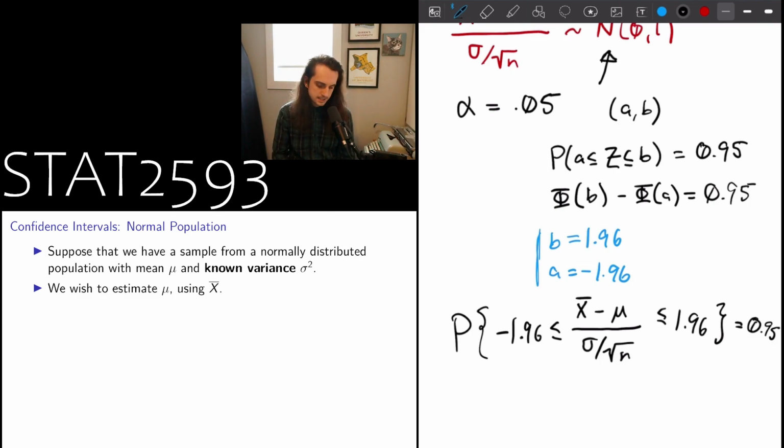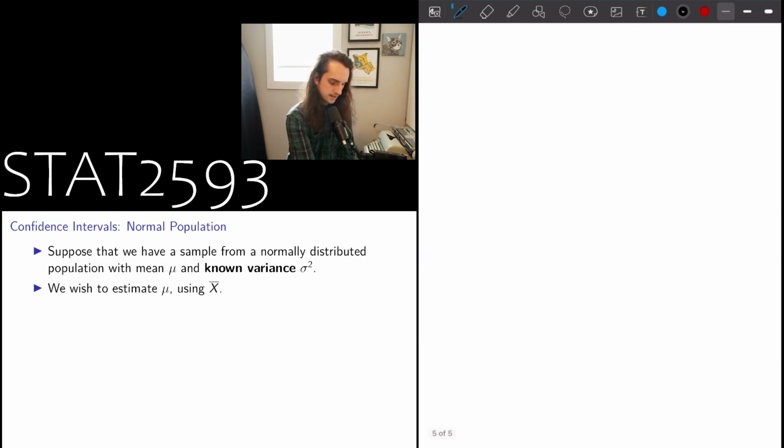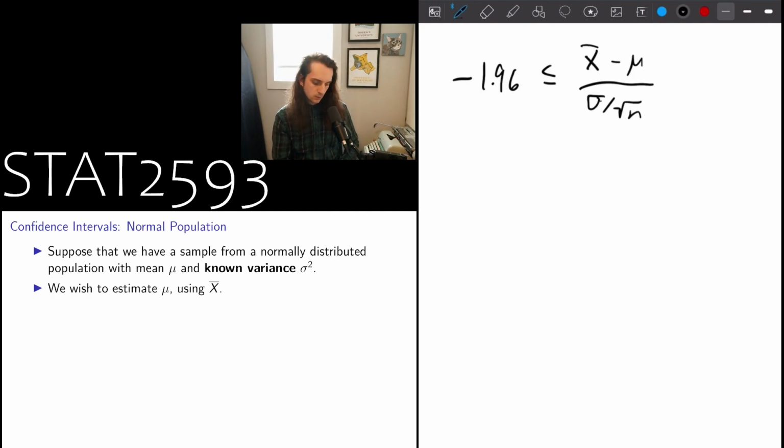Now what we can do is invert these two bounds. So we have negative 1.96 less than or equal to (x bar minus mu) over sigma divided by the square root of n. We are assuming that x bar is known, sigma is known, and root n is known, so we want this to be an interval or a bound for mu.